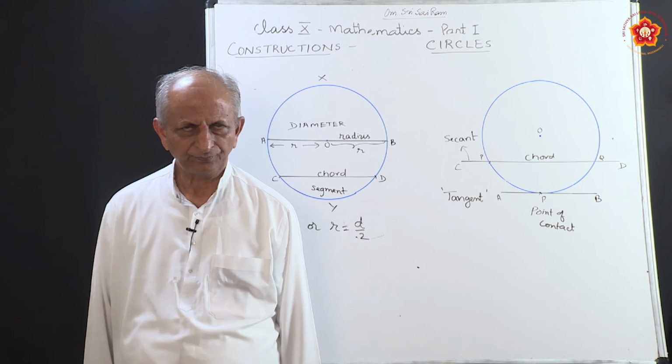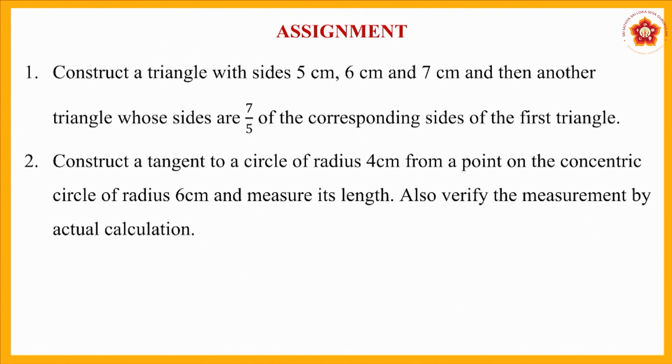Thank you. Now coming to the last part of this lesson, namely the assignment. First one, construct a triangle with sides 5 centimeters, 6 centimeters and 7 centimeters, and then another triangle whose sides are 7 by 5 of the corresponding sides of the first triangle. It is similar triangles.